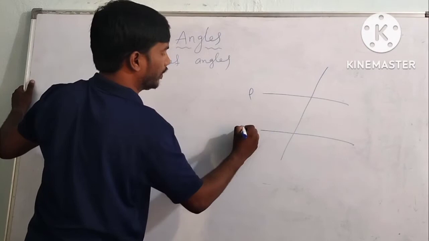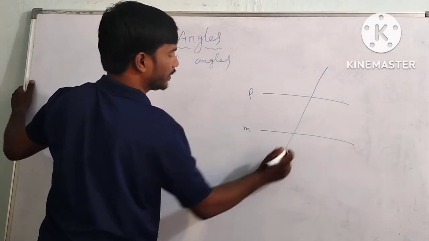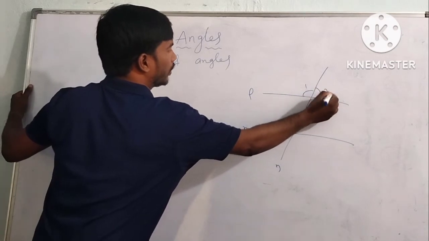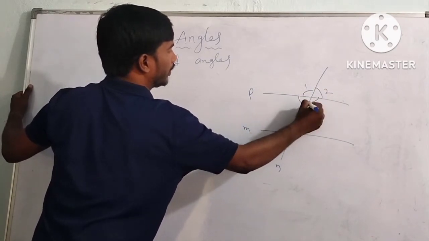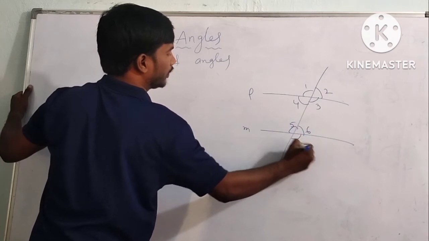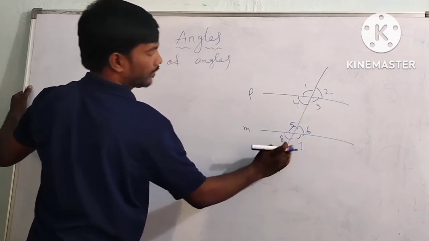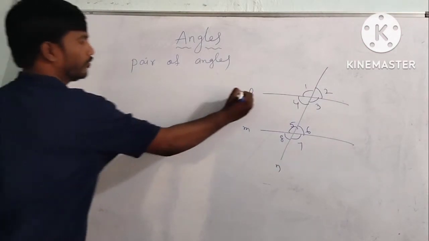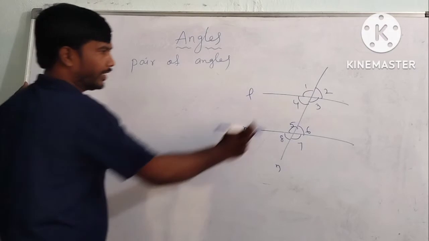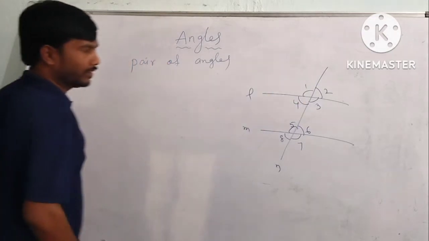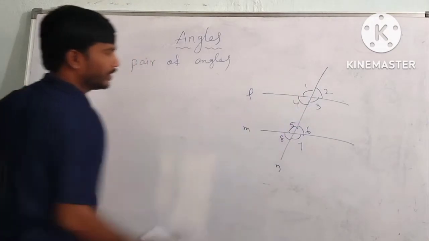Line L, line M, and the transversal. This line's name is transversal. So 1, 2, 3, 4, 5, 6, 7, 8. Now first see here, 1 and 3.